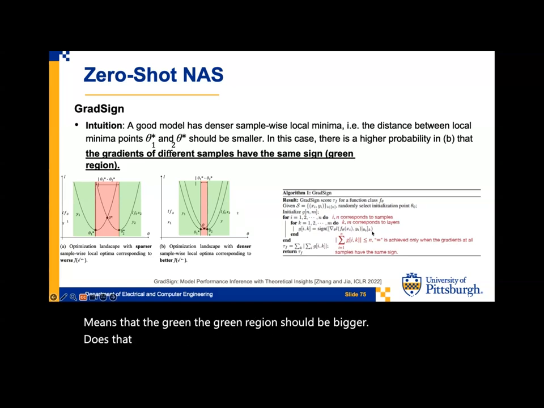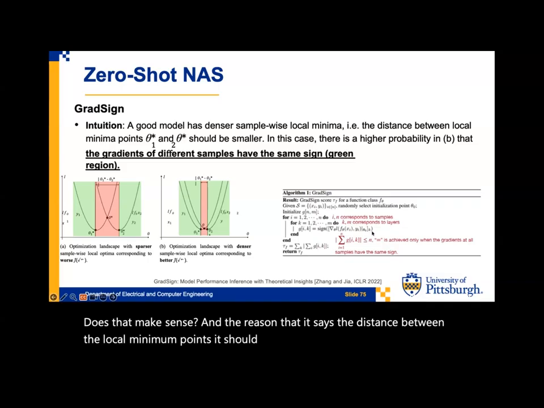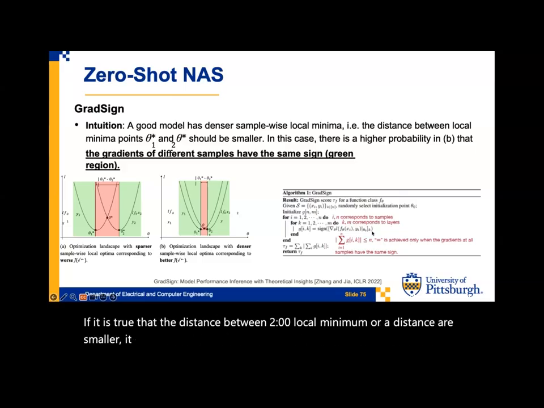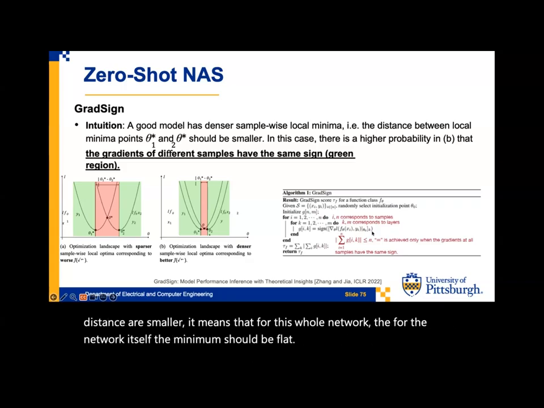The reason it says the distance between the local minimum points should be smaller is that if it is true, it means that for the network itself, the minimum should be flatter, which means it's more stable.